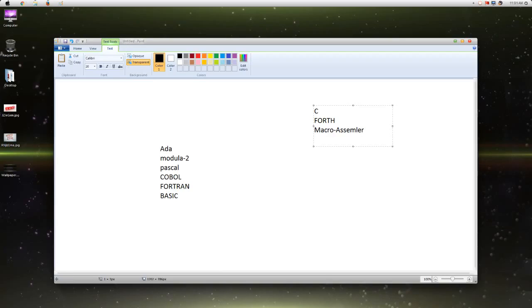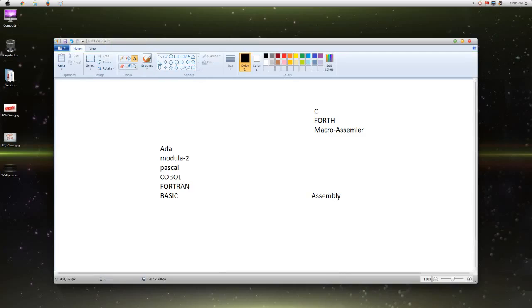These were the middle level languages, and the low level language is assembly. Okay, this is the high level, this is the middle level, and this is the low level languages.